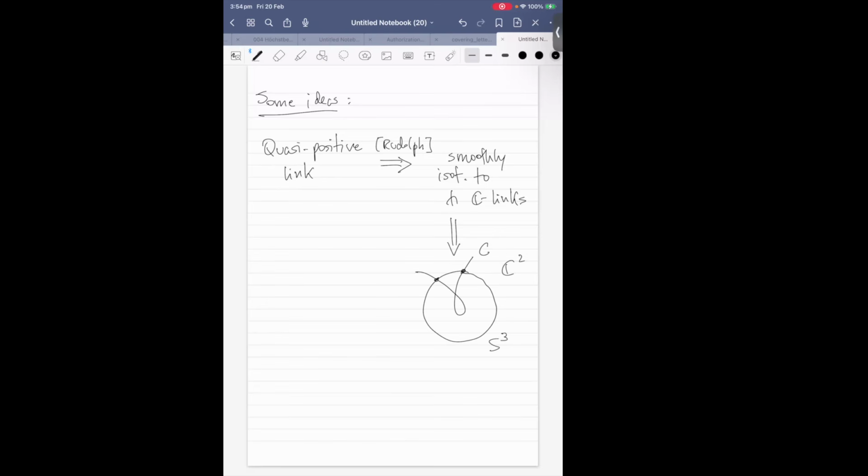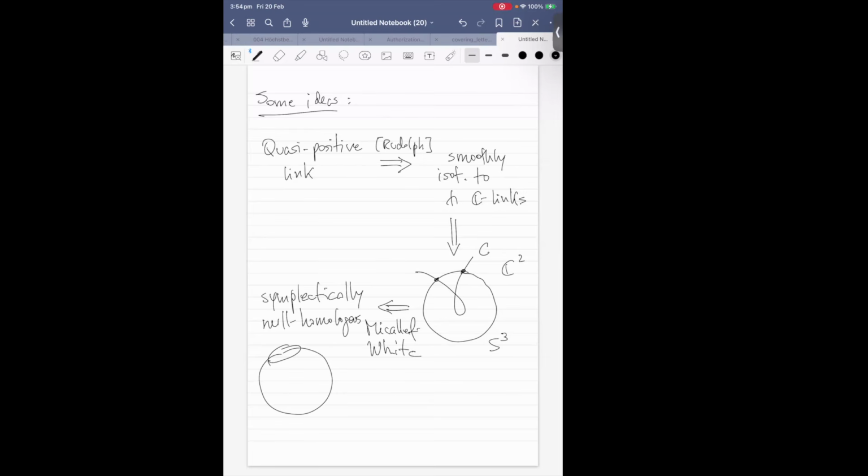Right? And now, using results from the famous paper by Micallef and White on positive intersections of holomorphic curves, these are actually symplectically null-homologous. This means that inside S3, I'm going to draw the link here.